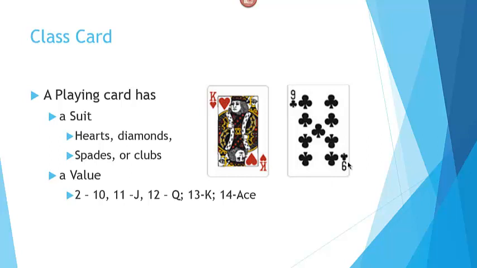Value 12 to represent a queen. Value 13 to represent a king, value 14 to represent an ace. We see two cards pictured here, the King of Hearts, so his value would be 13 and his suit would be hearts. And the Nine of Clubs, the suit would be clubs, the value would be 9.